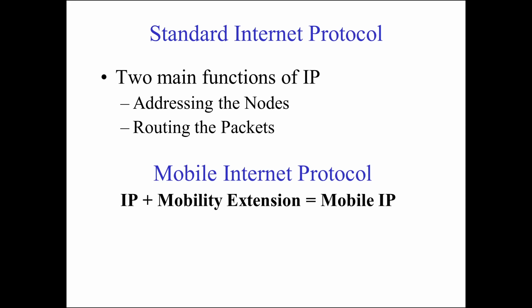There are two functions done by internet protocol. First thing, addressing the nodes. Second one is routing the packets. So what is called addressing the nodes? See, if you take a network, it consists of a number of nodes. Each node must be identified with a unique address.